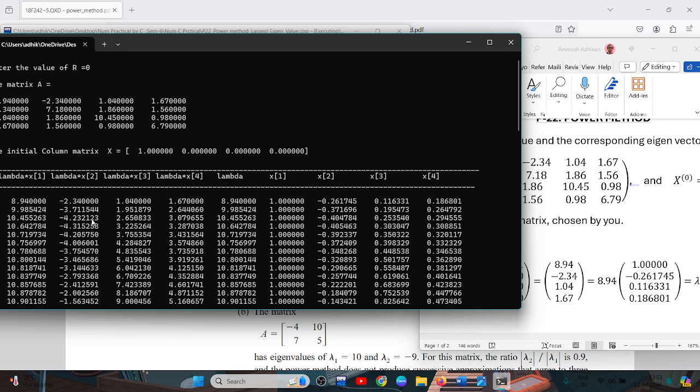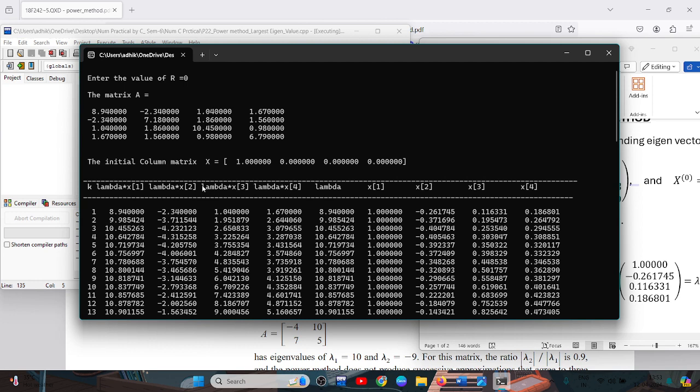So this is the first iteration: lambda x1, lambda x2, lambda x3, lambda x4 gives the product of matrix A and x, and lambda is the numerically largest value. For step 2, we have x1, x2, x3, x4.